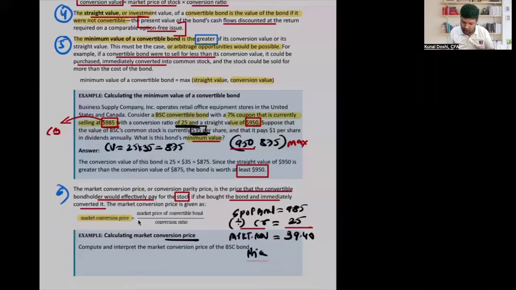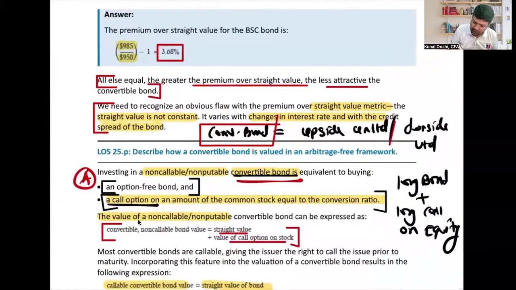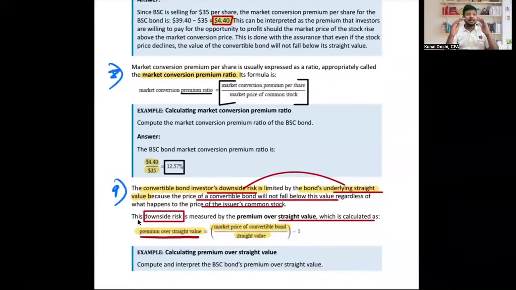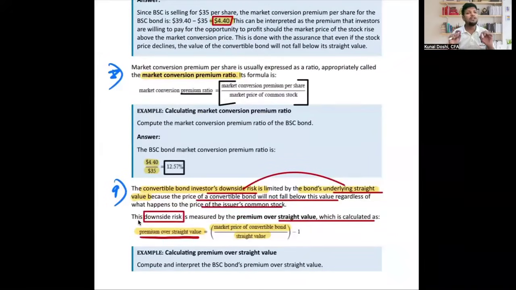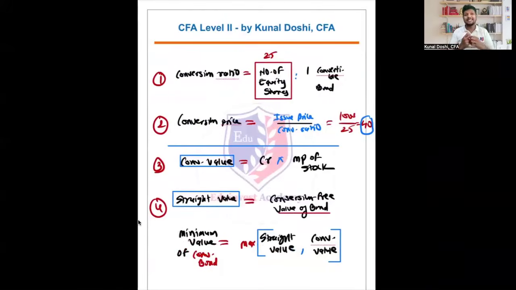So if you notice here also, the downside risk or the premium is 3.68. It means the fall from the top will not be more than 3.68 percent compared to the straight value. Got it? Right? Now, that is the straight value, the bare minimum that you will get on the bond.